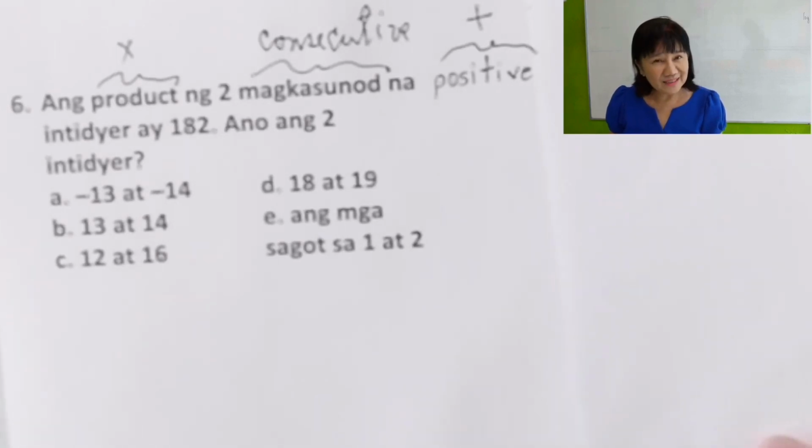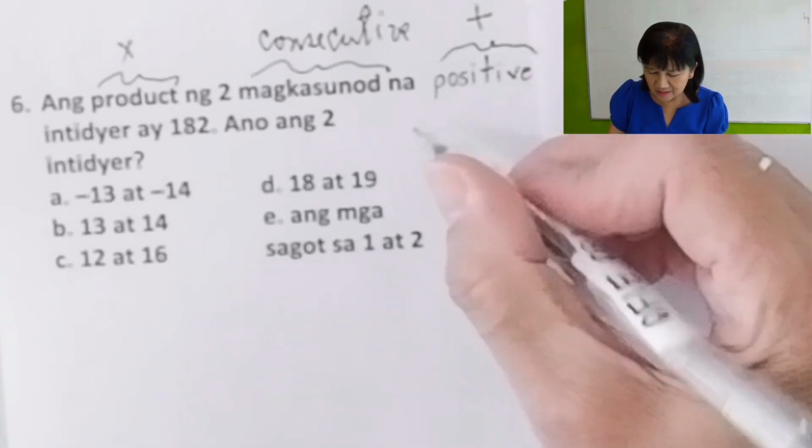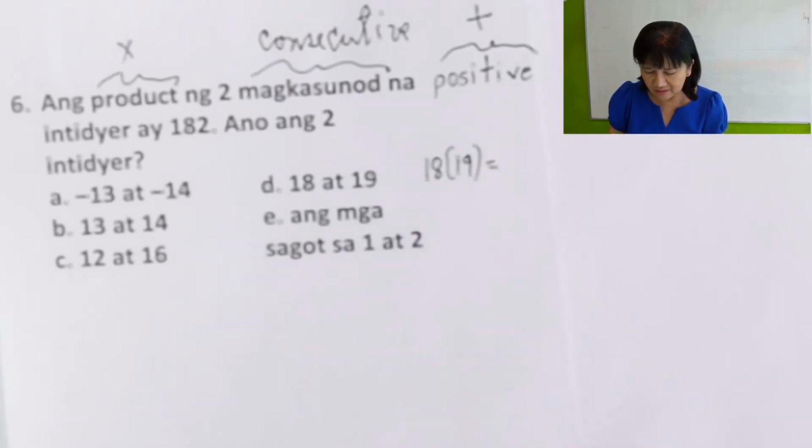So, let me translate it in English. The product of two consecutive positive integers is 182. What are the integers? Okay. 18 times 19 is not 182, is it?